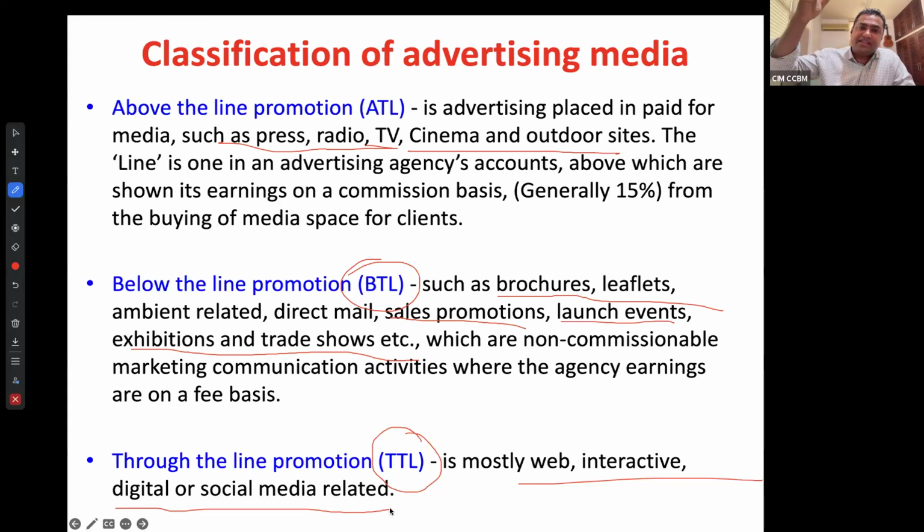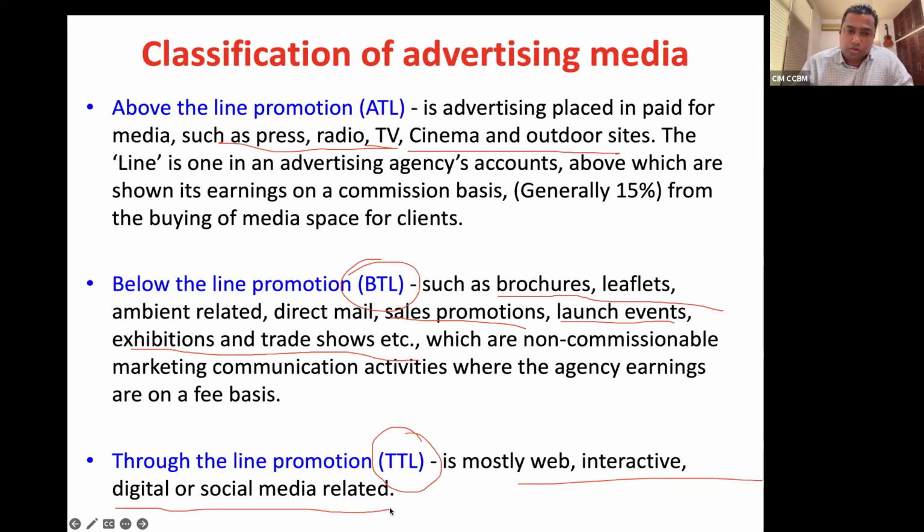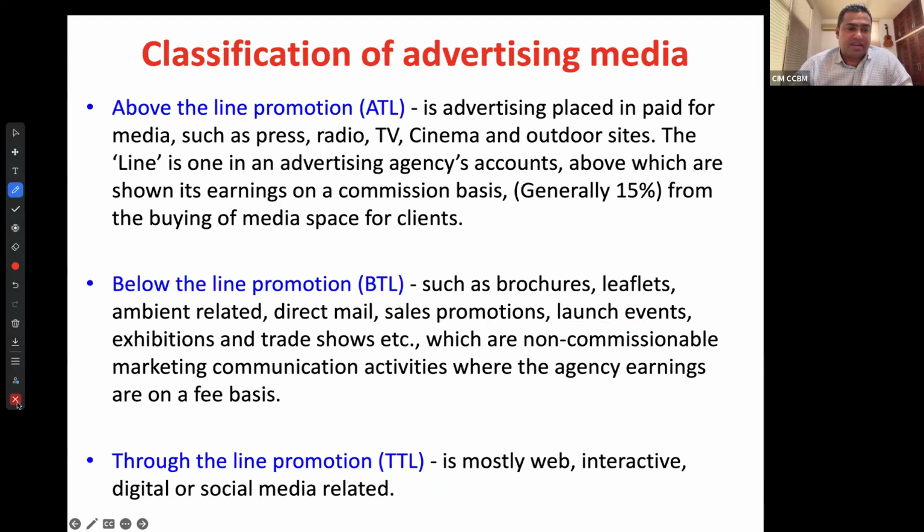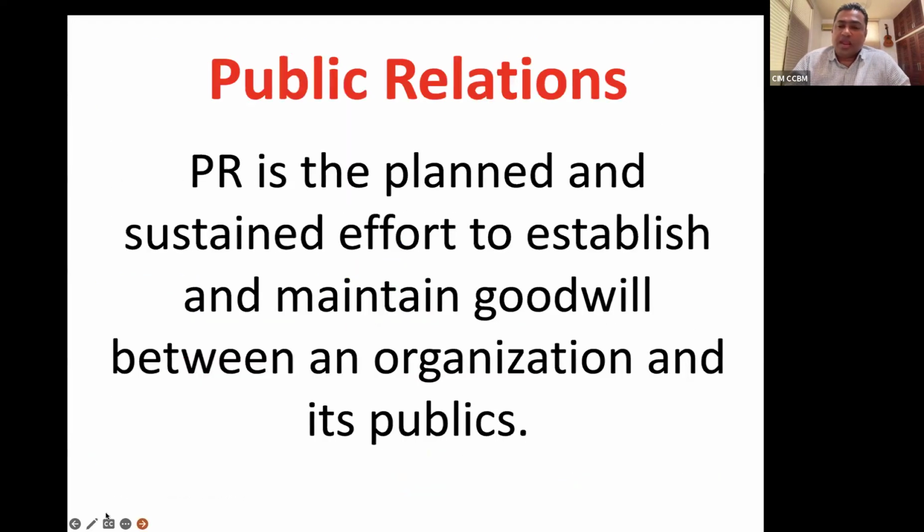So above the line is the mainstream TV, radio, press, cinema, outdoor. Below the line is brochures, events, trade shows, sales promotions. Through the line is digital channels and social media. So ATL, BTL, and TTL. So that was the first type of tool in the communications mix or promotions mix.